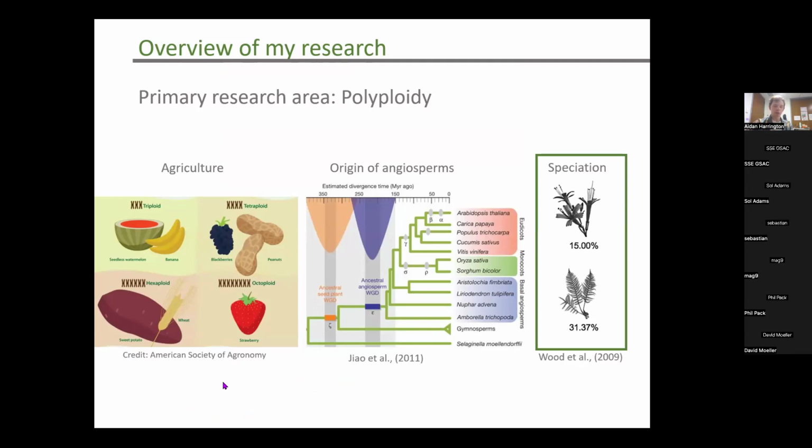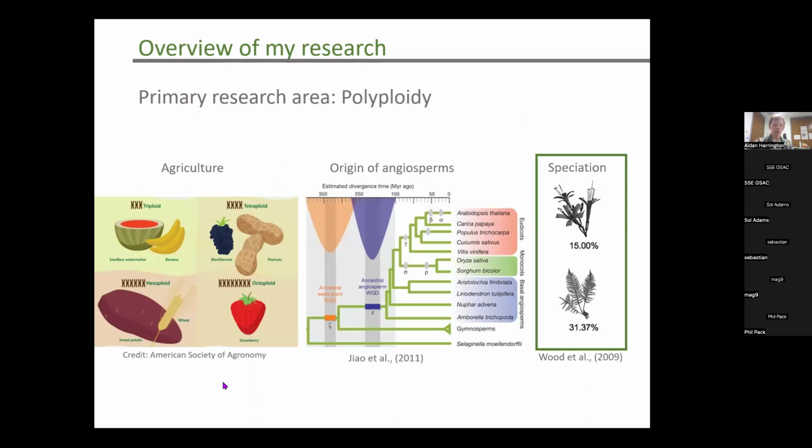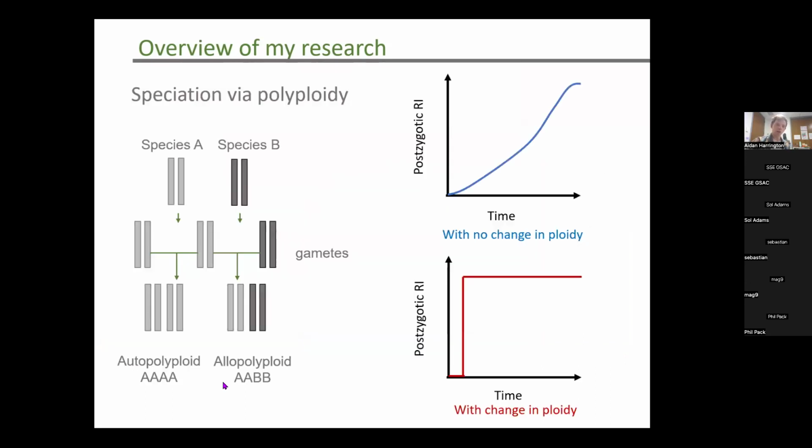But it's also, like I said, a very common form of speciation. And it's really interesting because speciation in polyploids comes with some special challenges that are quite different than speciation as we normally think about it. So what are these challenges and how do they work?